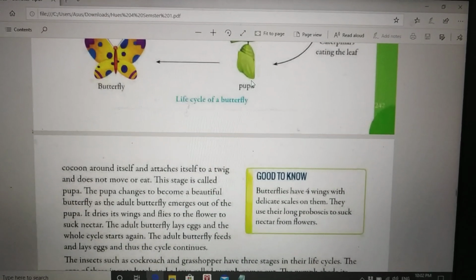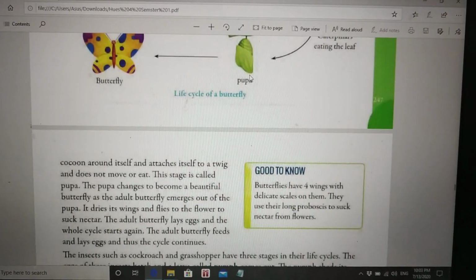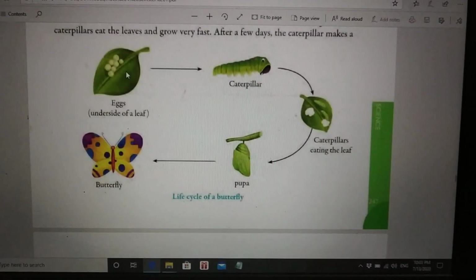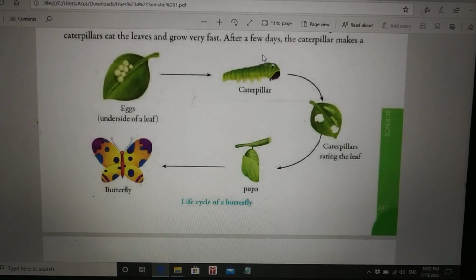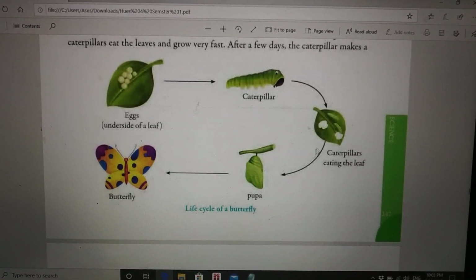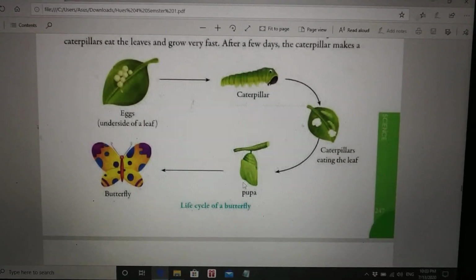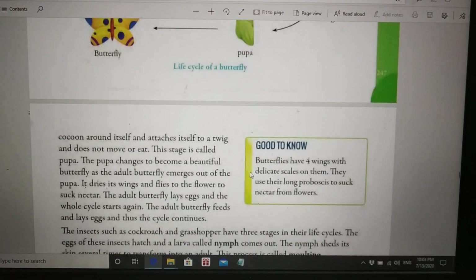This emerging out of the pupa, you can see, is the life changing from small round spherical eggs on the underside of the leaf, to a caterpillar, then to a cocoon structure on the leaves, called pupa, and finally growing into an adult butterfly.